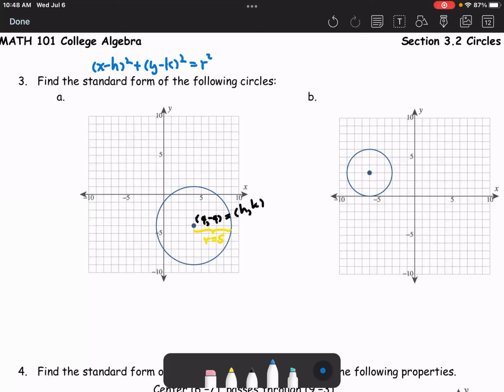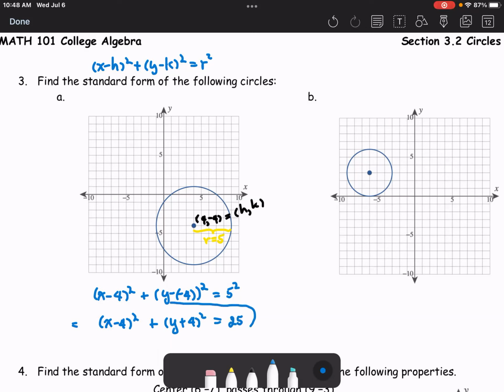For part A, the standard form of this circle will be (x minus 4) squared plus (y minus negative 4) squared equals r squared, which is 5 squared, and then we write it as (x minus 4) squared plus (y plus 4) squared equals 25.